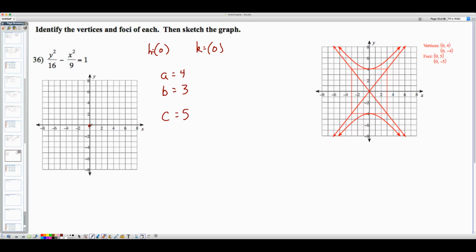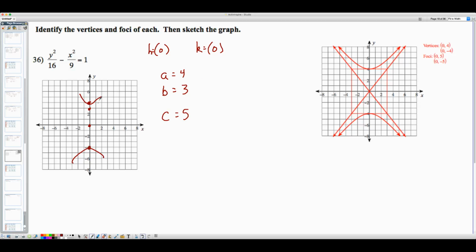To do in the x direction, I'm going to add the a, 1, 2, 3. Sorry, 4, a. I'm going to subtract 4. So it's going to open something like this.